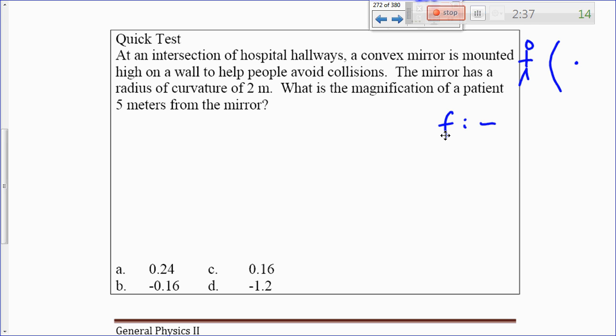And also, if you look in one of these convex mirrors, what type of image does it look like? Are you bigger or smaller usually? You're always smaller in a convex mirror. And are you ever upside down in a convex mirror? Never upside down. So the magnification will reflect that it's smaller and upright. So you can eliminate some answers.